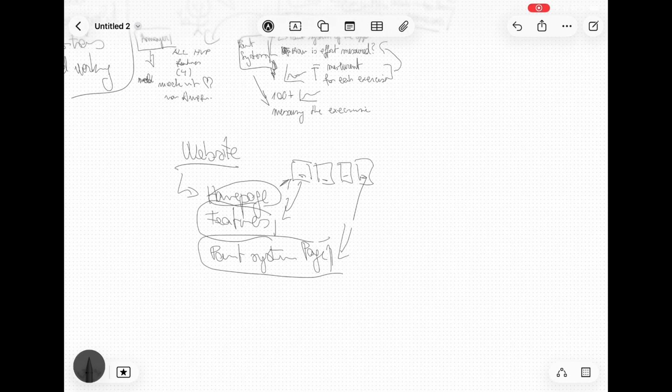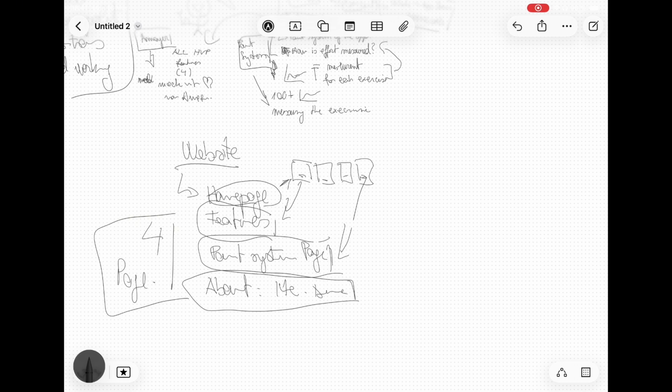And I'm probably going to have an about page that is about me and who I am and the developers, or again me, and that's pretty much it. So it's a pretty straightforward website. So far we have 1, 2, 3, we have 4 pages, right? So the scope is I'm going to have 4 different pages on this website.